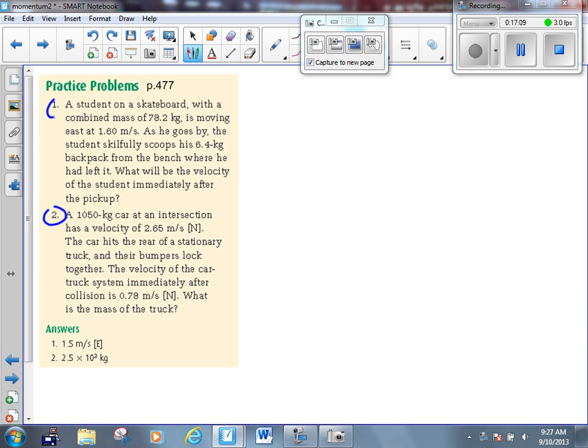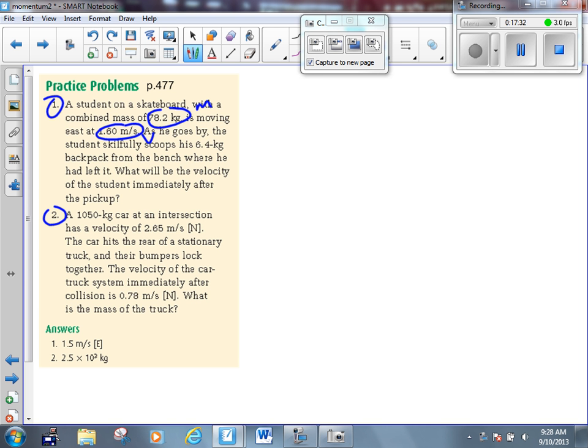Number 1 says a student on a skateboard with a combined mass of 78.2 kilograms is moving east at 1.6 meters per second. So let's look at this as a mass, and let's look at this as a velocity. This student and the skateboard are going together as one object before anything has taken place.